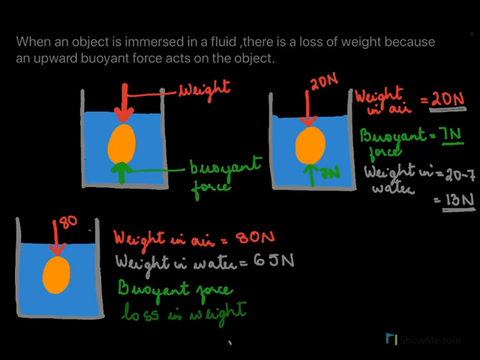So you definitely agree that the loss of weight would be 80 minus 65, and that would be 15 newtons. This is the loss in weight. Why was there a loss of 15 newtons in weight? Because the buoyant force must have been 15 newtons. So there was an upward buoyant force of 15 newtons acting on this object.